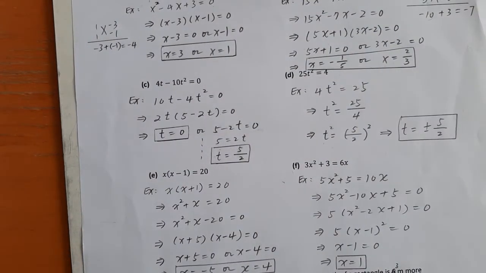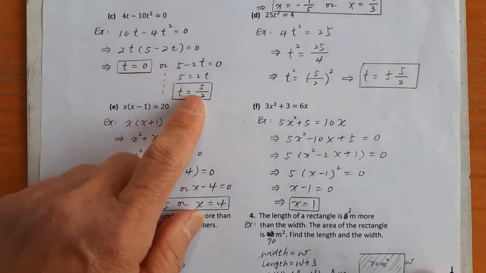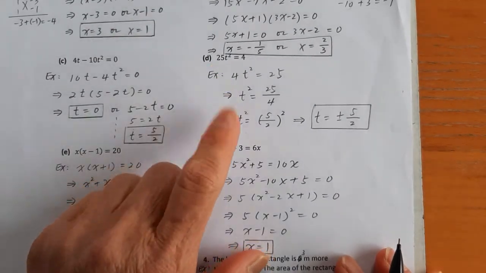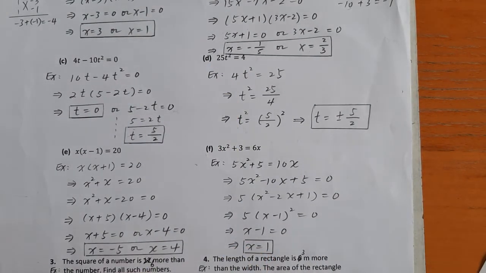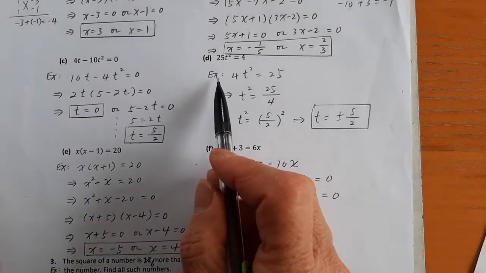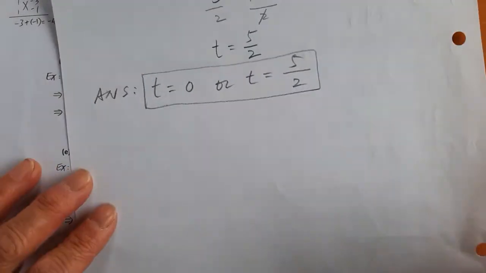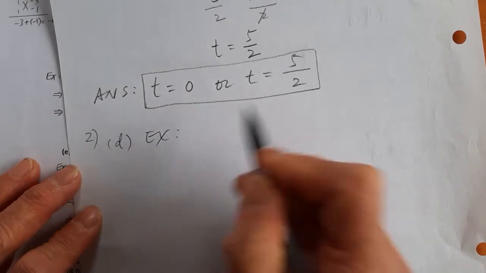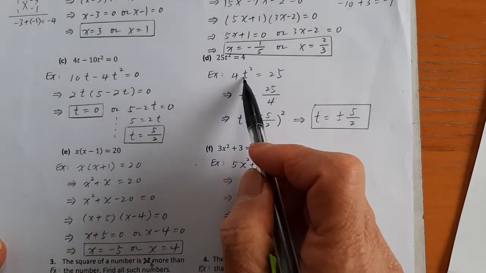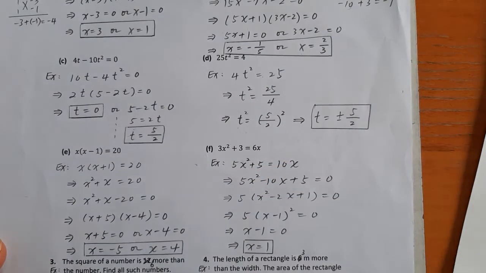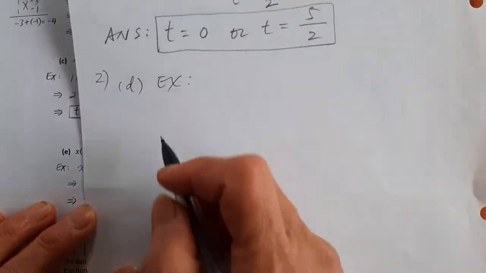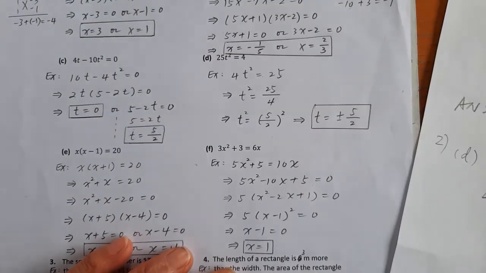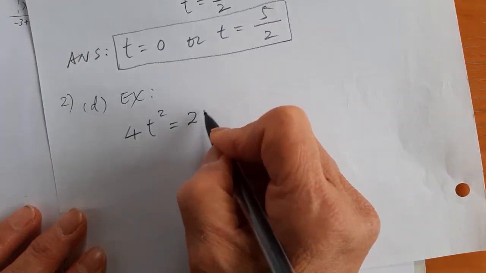That's 2c. Now 2d. Example. I use 4t squared equals 25 as an example.